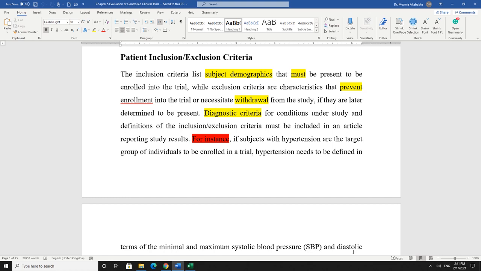So the objective of your work should be matched with the best design that is possible, taking into account that this design should also address ethical issues.